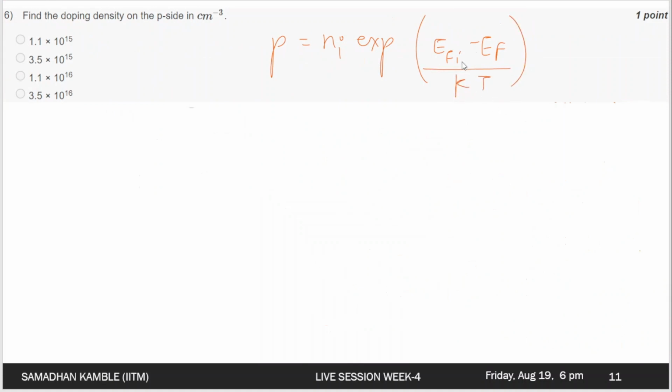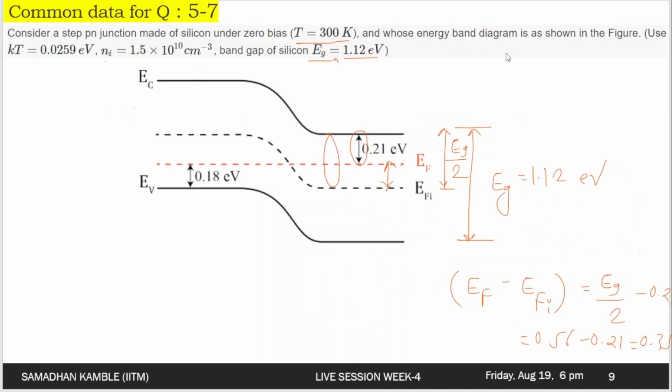Okay, so let us determine EFI minus EF from the band diagram. So we need to determine EFI minus EF in the P side. This is P side, and we need to find this particular value. Again, just applying the band gap values here, this difference between the intrinsic level and the valence level is half, so it is Eg over 2.